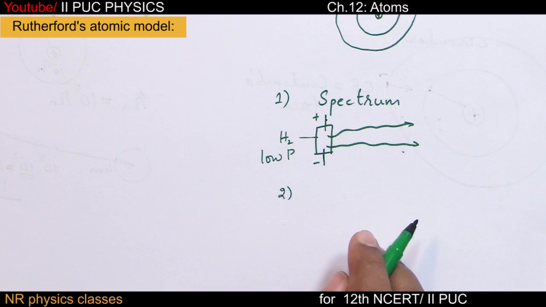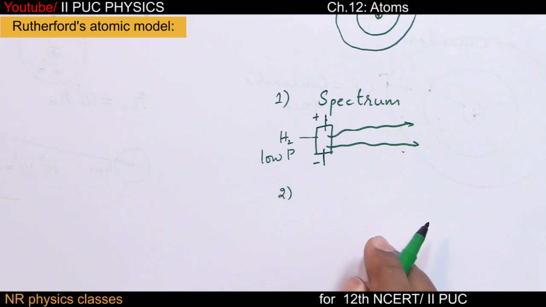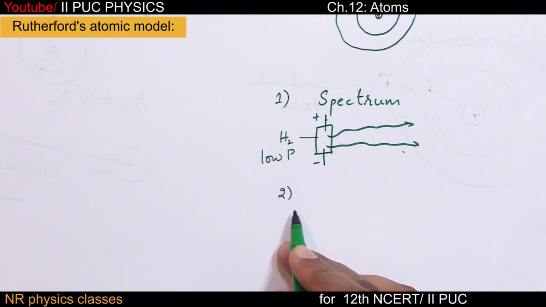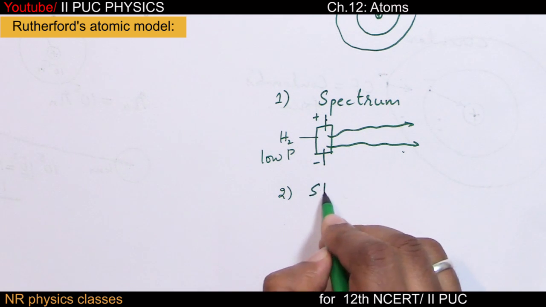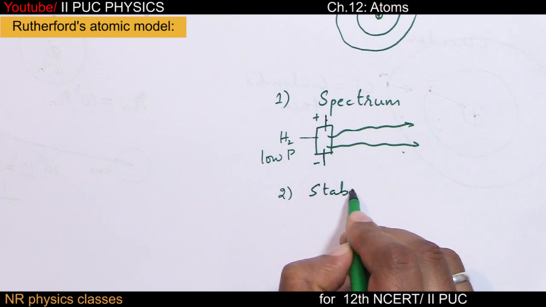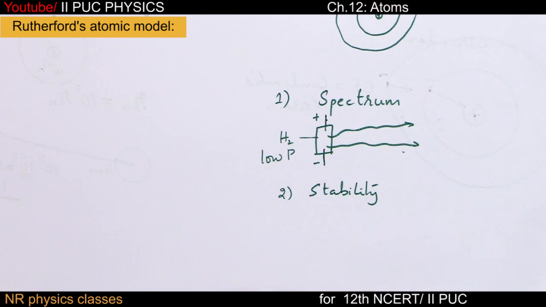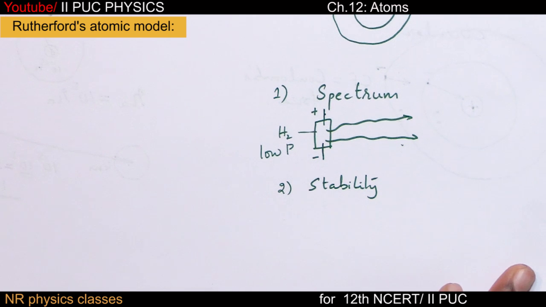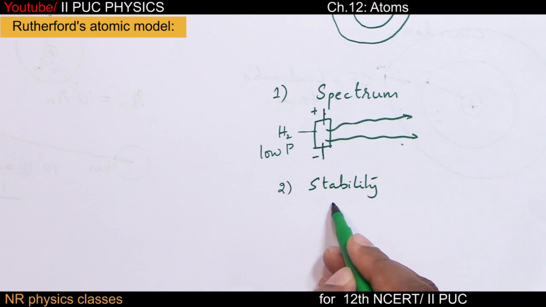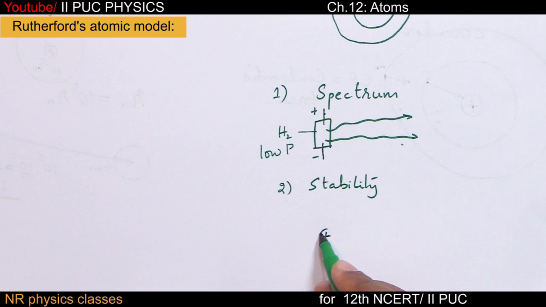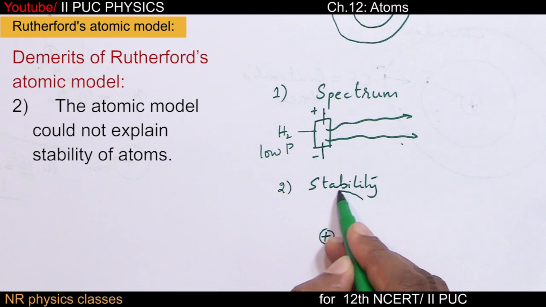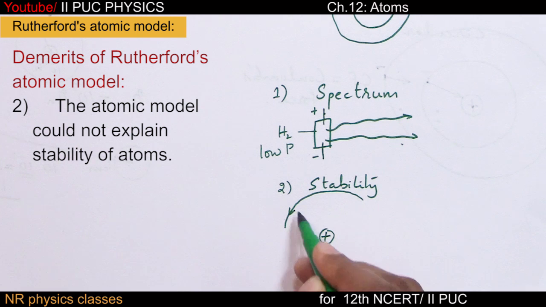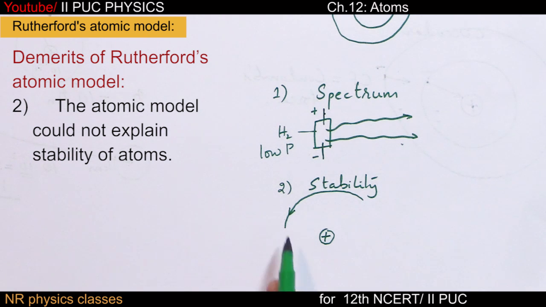Second limitation or demerit. It was very disappointing. The atomic model could not explain the stability of atoms. Why could it not explain stability? If this is the nucleus and here is an electron revolving, then there is attraction between the negatively charged electron and the positively charged nucleus.